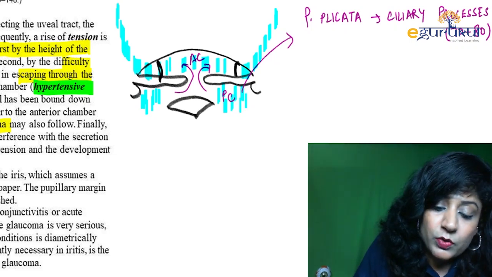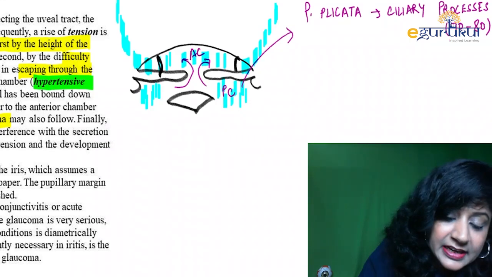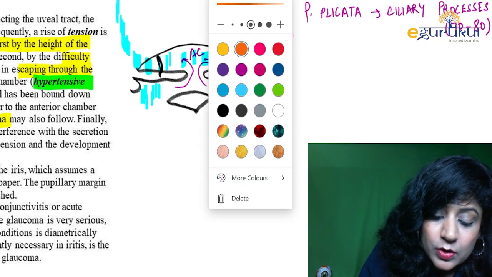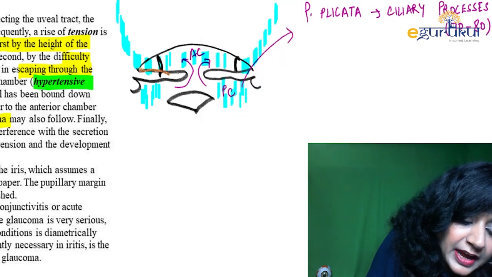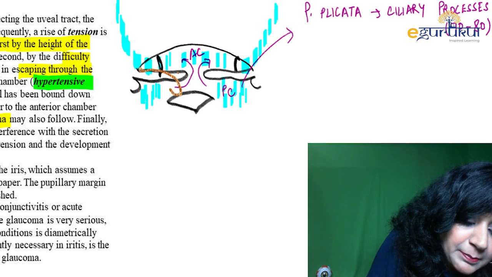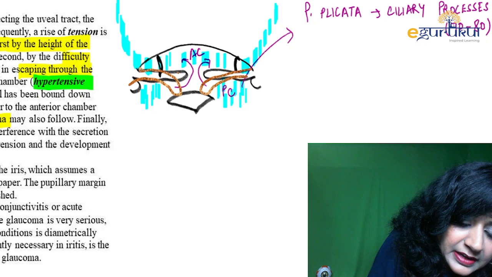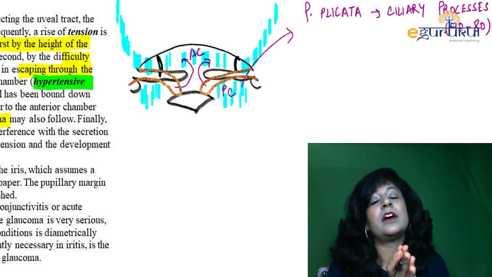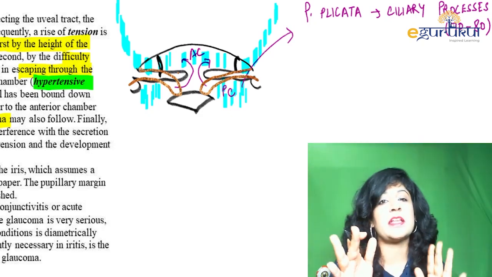We have what is called ring synechiae here. Ring synechiae means there is adhesion of the pupillary end of the iris. This pupillary end of the iris is coming and getting adhered to the anterior surface of the lens, something like this. So basically the area of the pupil from where the aqueous humor has to pass from the posterior chamber into the anterior chamber is blocked.